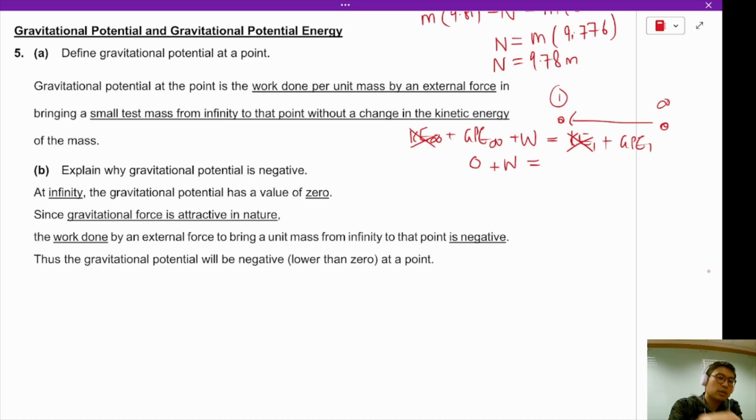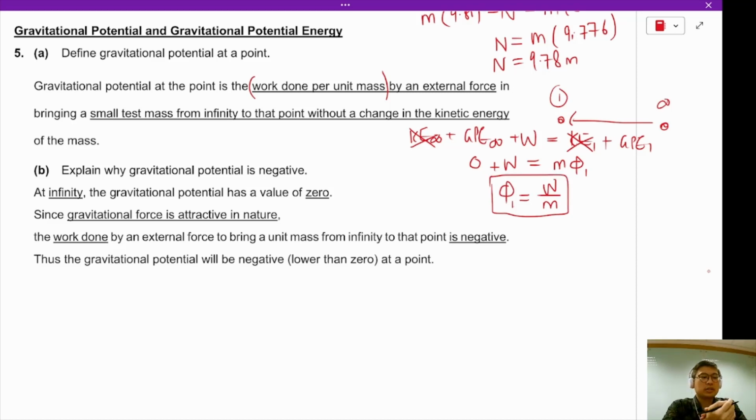Therefore the work done by external force will be m phi, where phi is the gravitational potential. So the gravitational potential will be the work done by the external force divided by mass. Basically it's the work done per unit mass by an external force to bring a small test mass from infinity to the point without a change in KE.